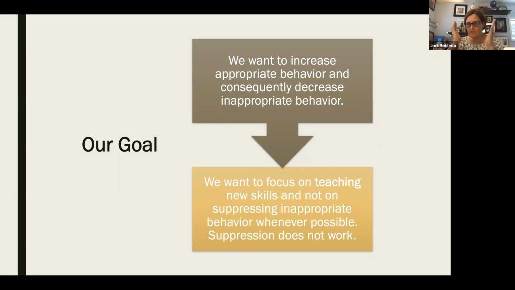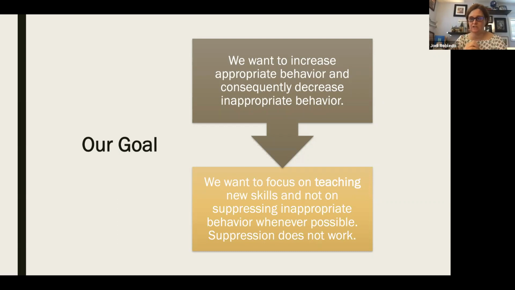So if you're not seeing that in your data, I would reassess your intervention, because most likely something's going wrong in terms of either it's not being implemented consistently or with fidelity, or it's not being implemented across environments. Something might be going on, but you do want to make sure you're tracking both behaviors to make sure that the inappropriate behavior is going down and the replacement behavior is going up.